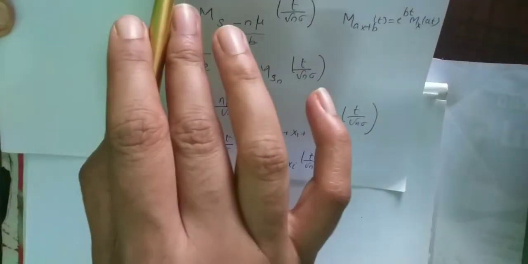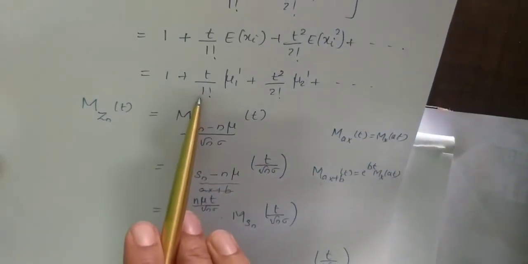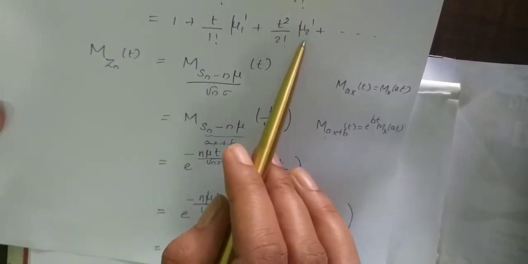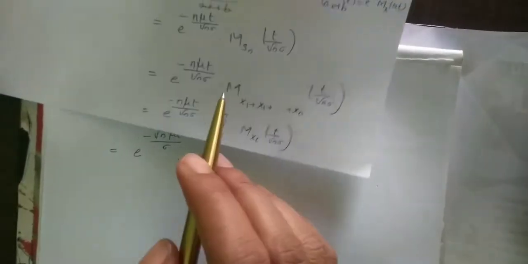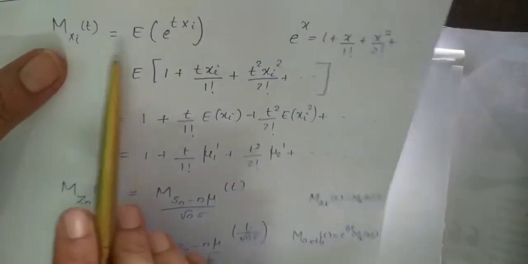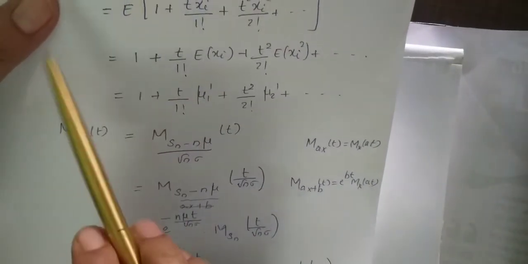we have written MXi(t) is equal to 1 plus t by 1 factorial into mu1 dash plus t square by 2 factorial into mu2 dash plus etc. We are substituting that here. Then MXi(t) is equal to this one. Here instead of t, it is t by root n sigma.